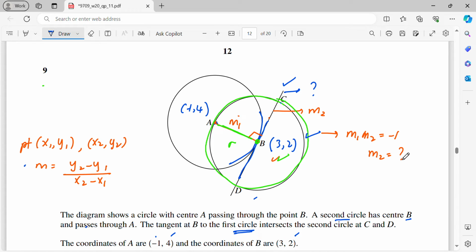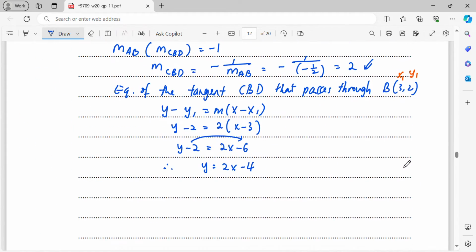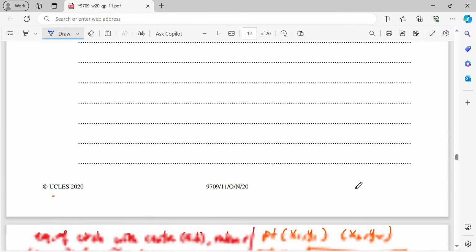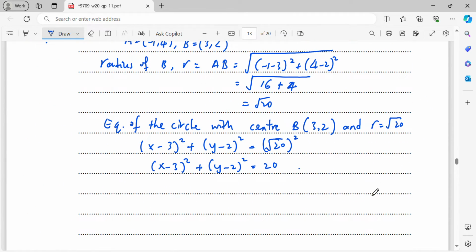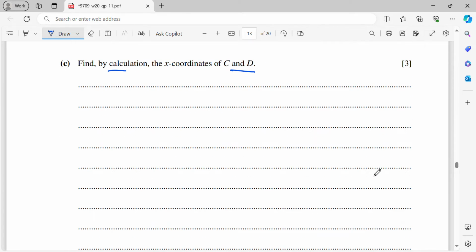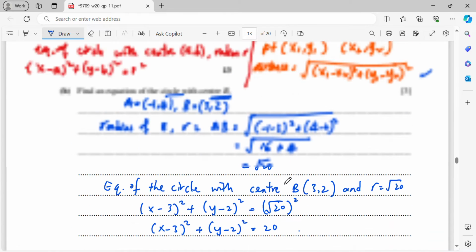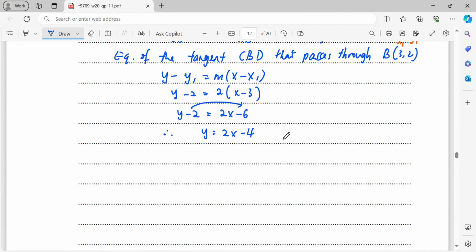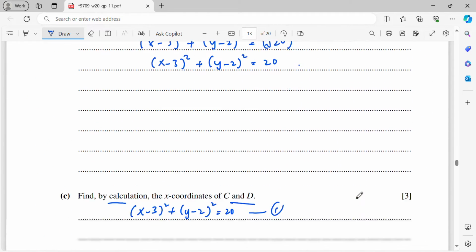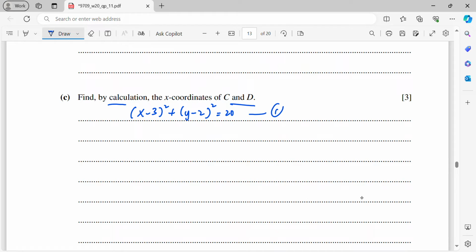I just need to solve the simultaneous equations of parts A and B. So now I will rewrite (x minus 3) squared plus (y minus 2) squared equals 20 as the first equation. This is from part B. Then from part A, y equals 2x minus 4.